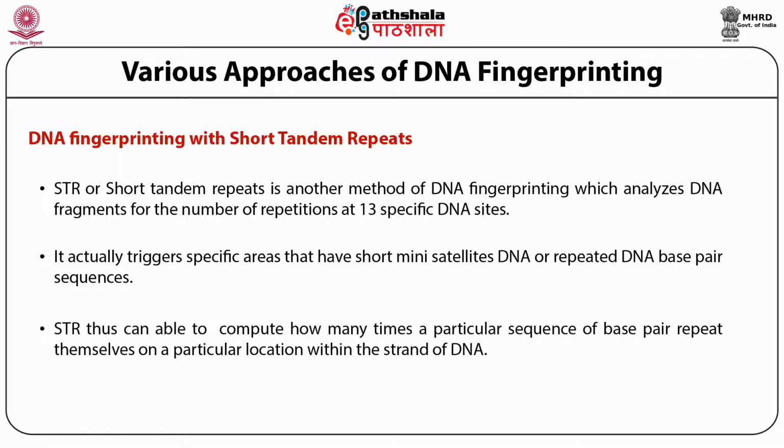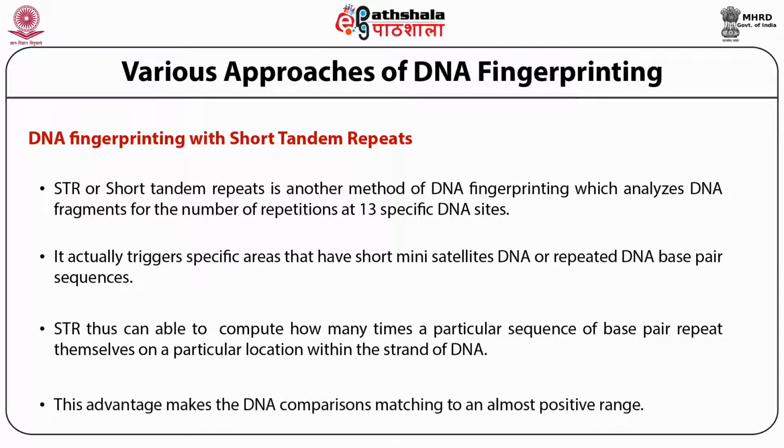STR thus can compute how many times a particular sequence of base pairs repeats itself at a particular location within the strand of DNA. This advantage makes the DNA comparison matching almost positive.